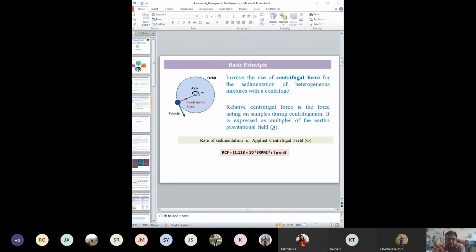If you see, rate of sedimentation, which is denoted as R, is equal to 2, then you have a term RP. RP stands for radius of the particle which you are going to separate.